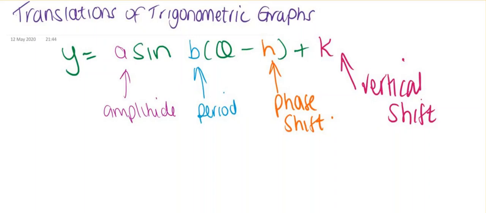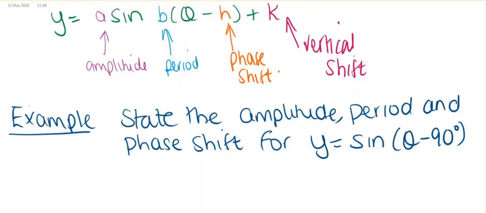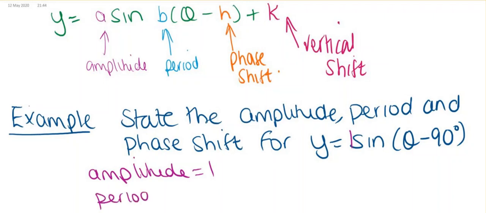So let's have a look how we can calculate these. The example: state the amplitude, the period, and the phase shift for y is equal to sine theta minus 90. First of all, the amplitude is 1, because it's 1 sine. The period is 360 divided by b, and here we have 1, so the period is 360 degrees.